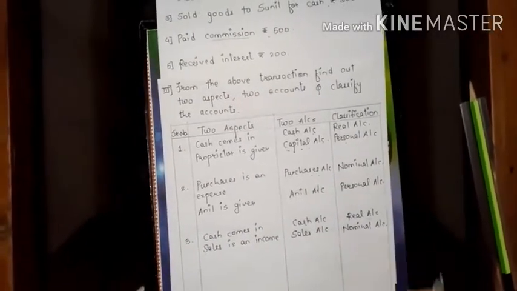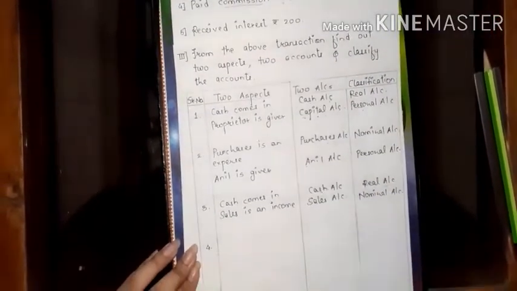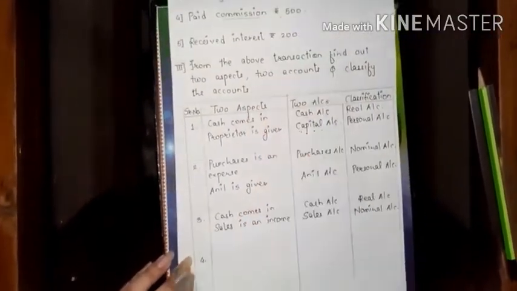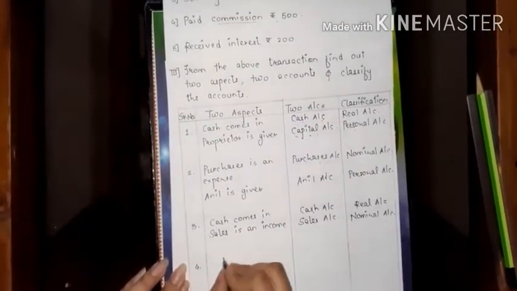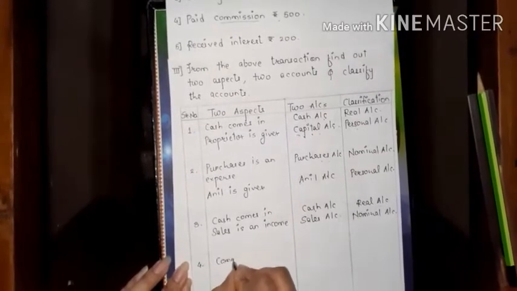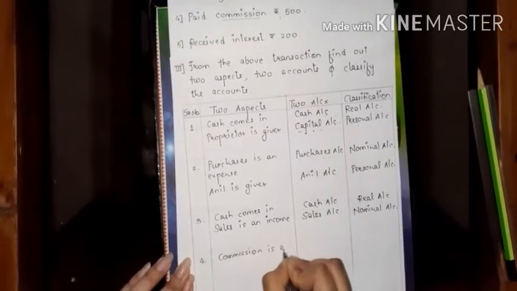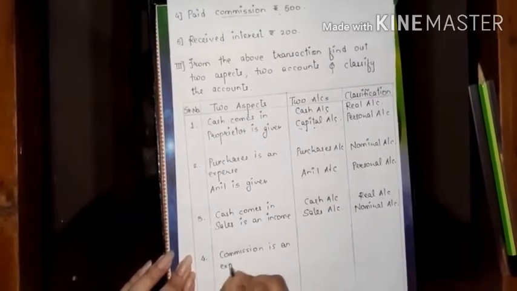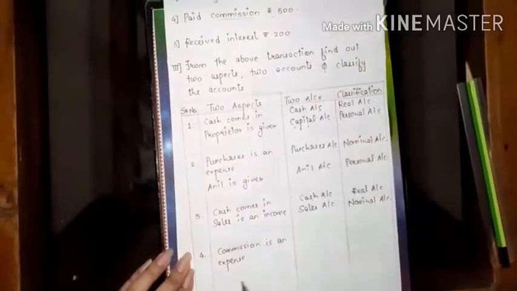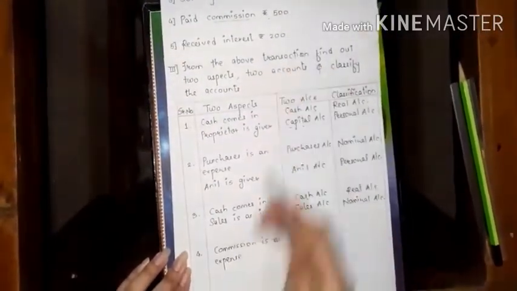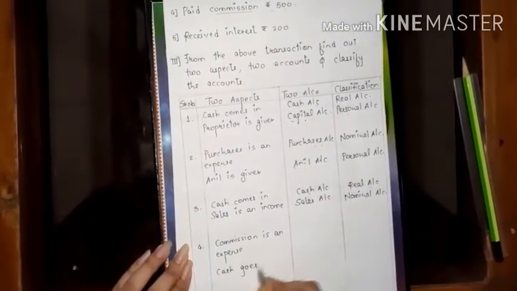Okay, let's take the fourth transaction. Paid commission rupees 500. So let's write down the two aspects. Commission is an expense, and we have paid it in the form of cash, so cash goes out.